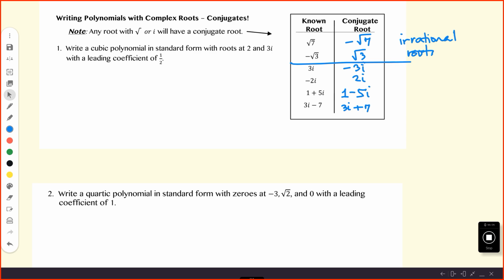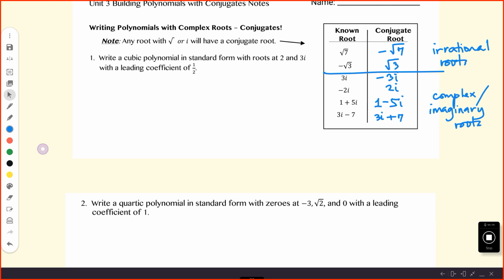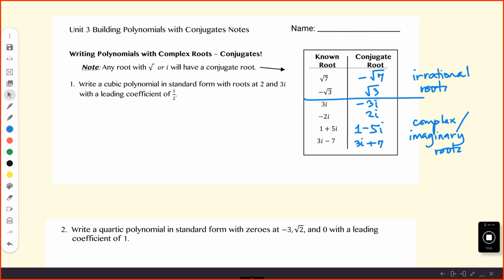Again, the last 4 are your complex or imaginary roots. Any question with these?